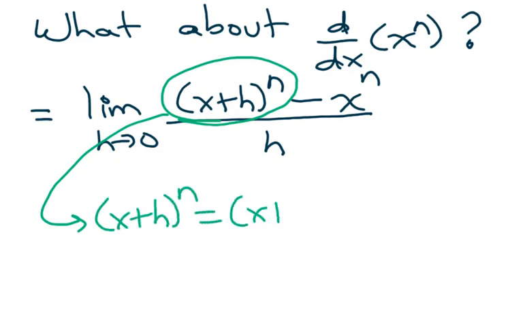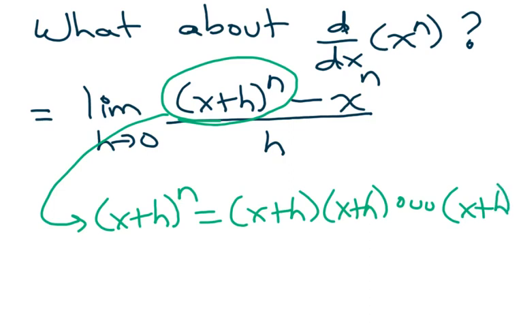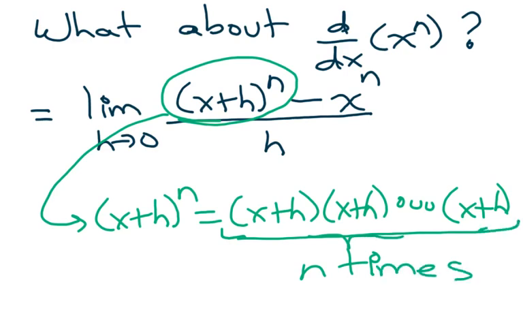So that's going to be x plus h times x plus h, and so on, n times. So there's n of these things. So that's going to be equal to x squared plus 2xh plus h squared.